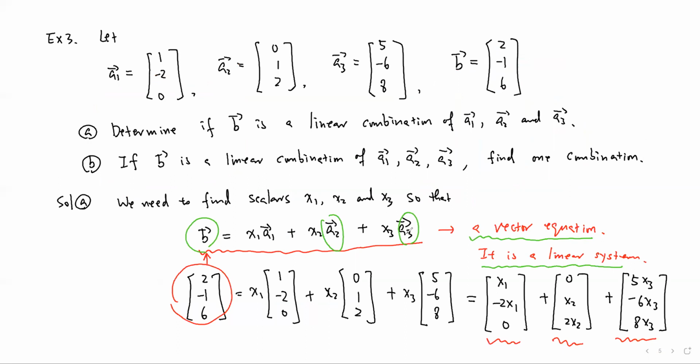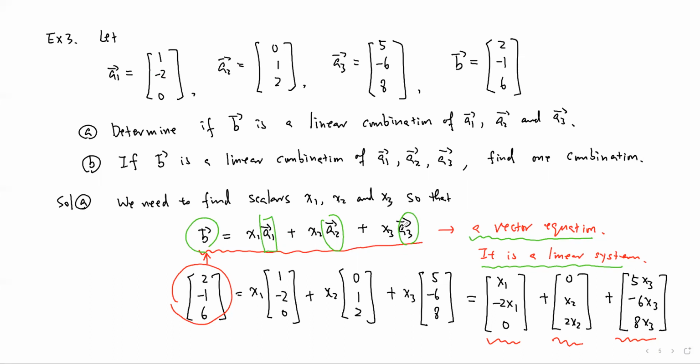The first column of the augmented matrix is A1, the coefficient of variable x1. The second column of the augmented matrix is A2, the coefficient of x2.